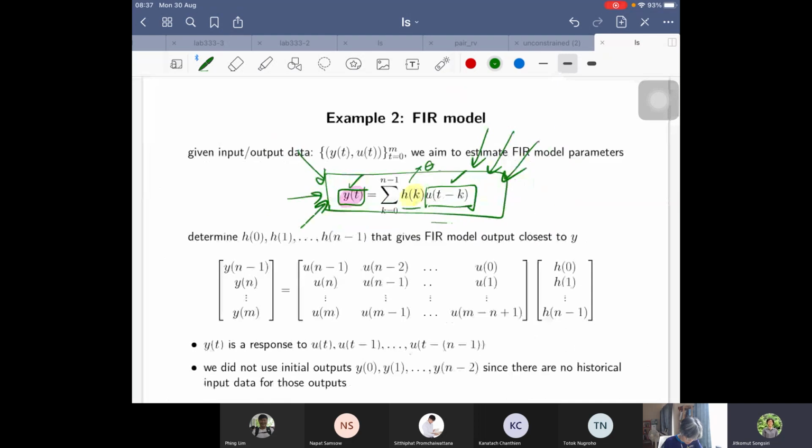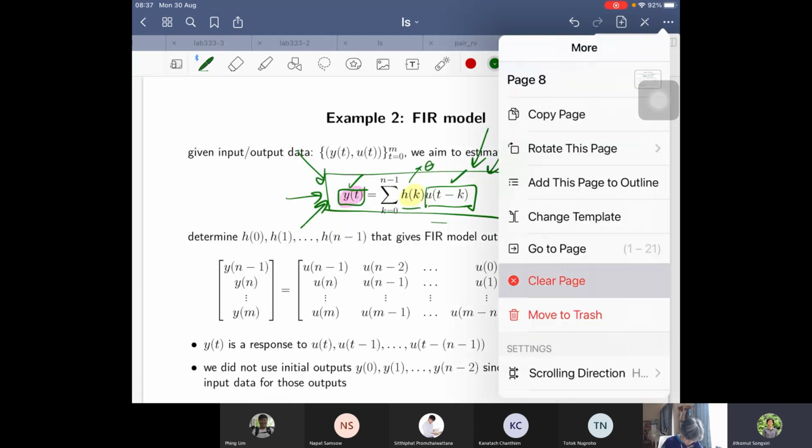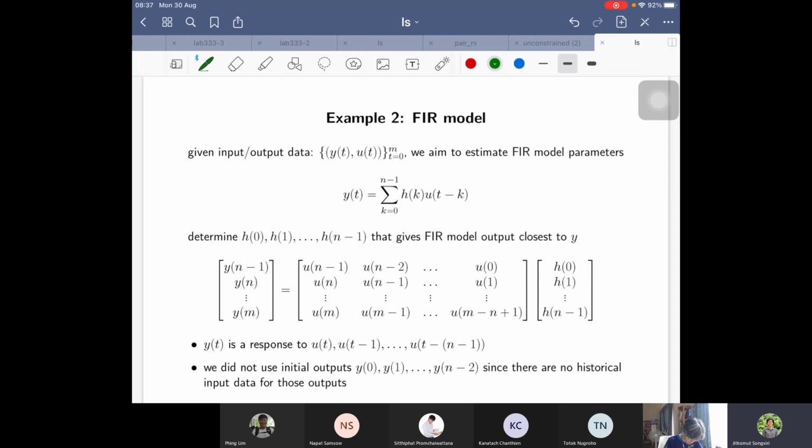So then you see that I can write my y_t equals... can someone break down this summation for me? Muhammad, are you here? Not here. Okay.